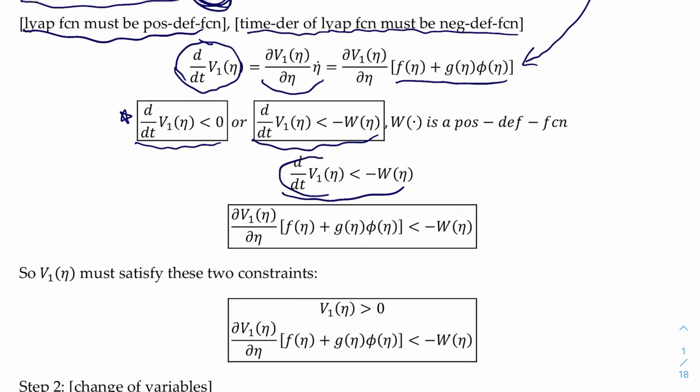Let's expand this term, and that becomes this. Now in a way you can say that the problem first was to find a phi of eta, and now we are going to find phi, V1 and W. So are we getting somewhere, or are we making our problem more complicated?